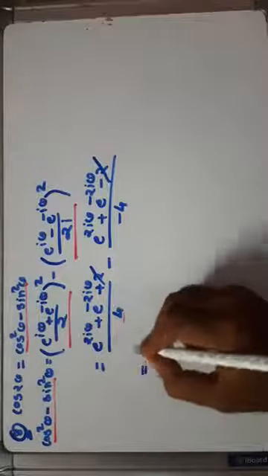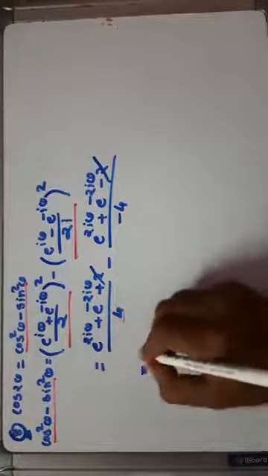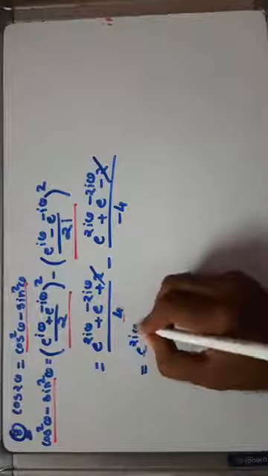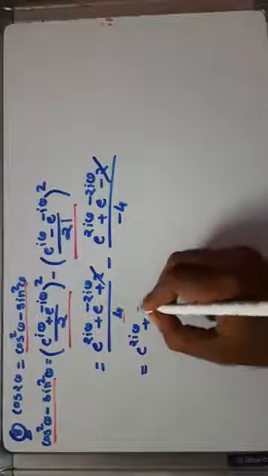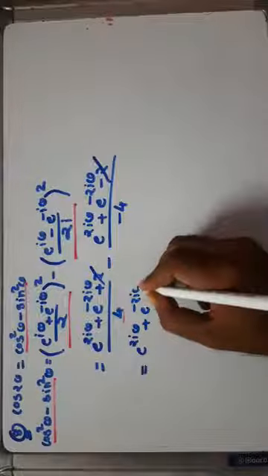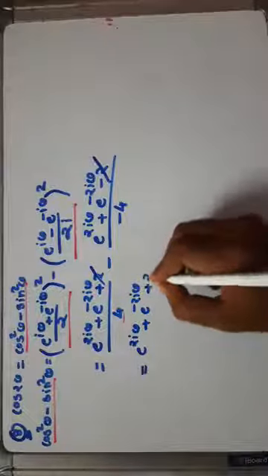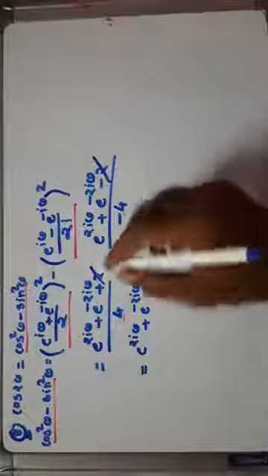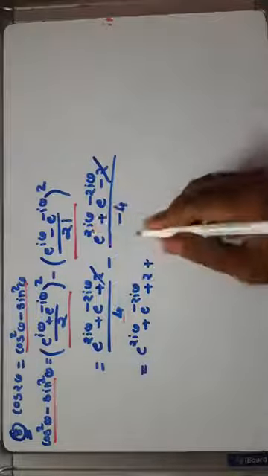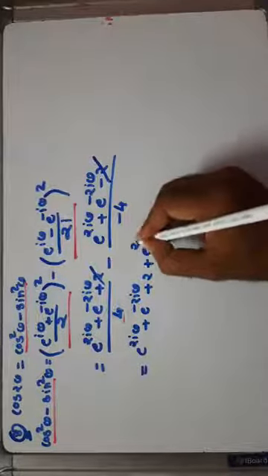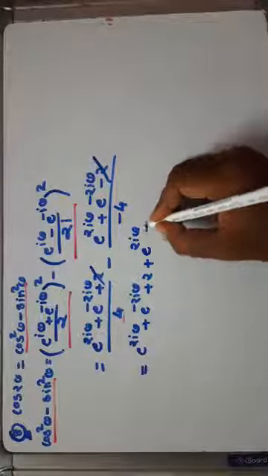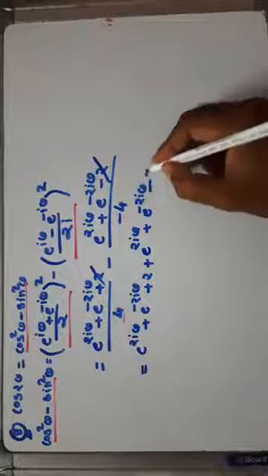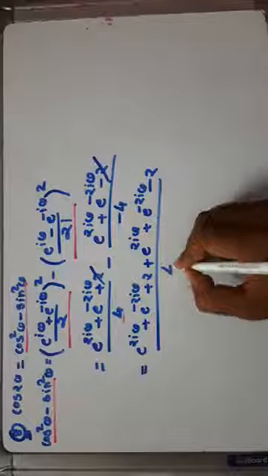After this, some mistake here, sorry for that. 2i theta plus e raised to minus 2i theta plus 2, plus that minus, we arrange this minus sign here, that means e raised to 2i theta plus e raised to minus 2i theta minus 2 here divided by 4.